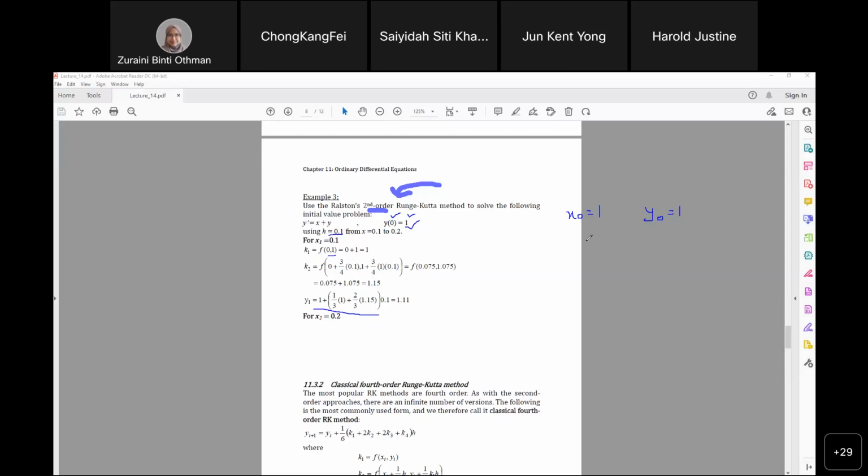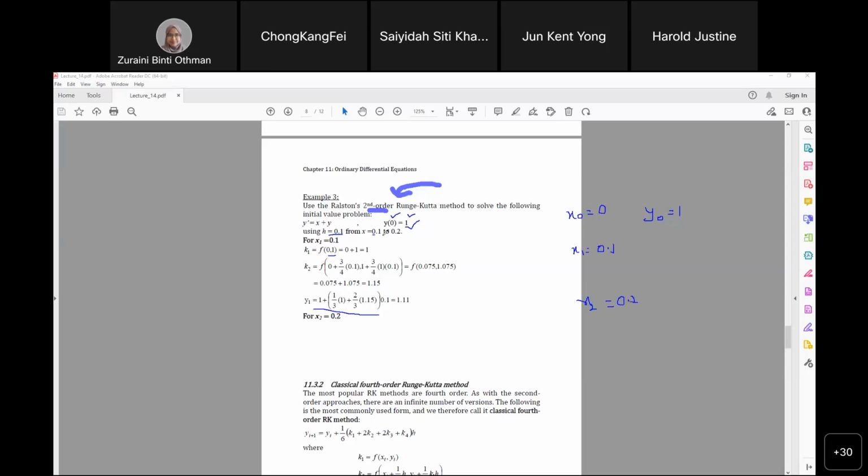Our step size is 0.1, meaning that here after we have x0 we have the value of what? X0 is 0. So here our x1 is 0.1 because the step size is 0.1 and our x2 is 0.2.